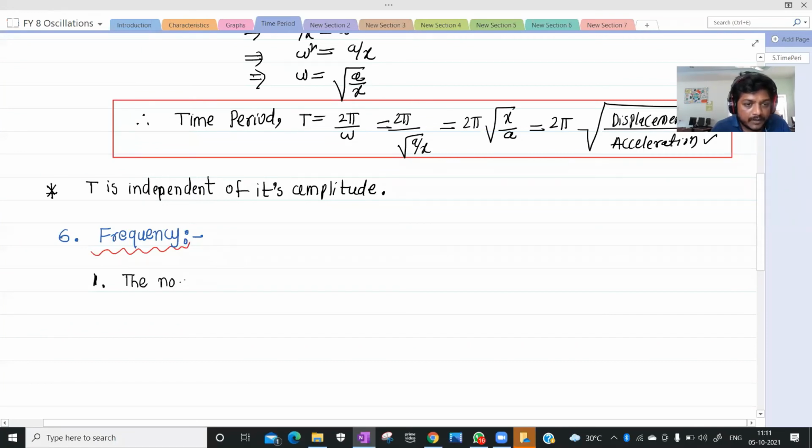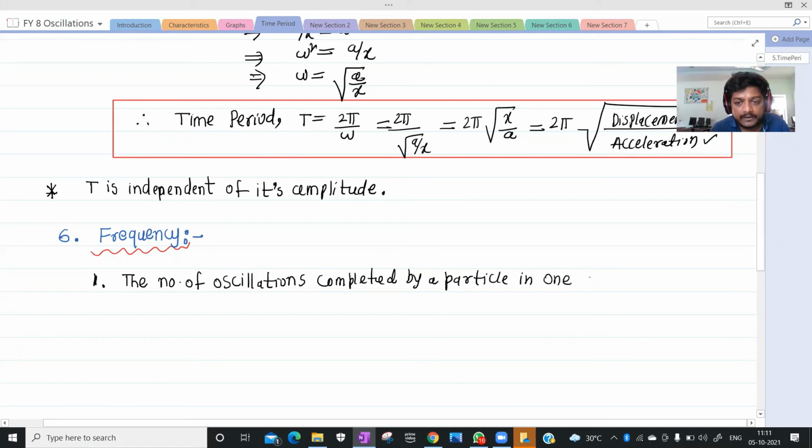Write down: the number of oscillations completed by a particle in 1 second.